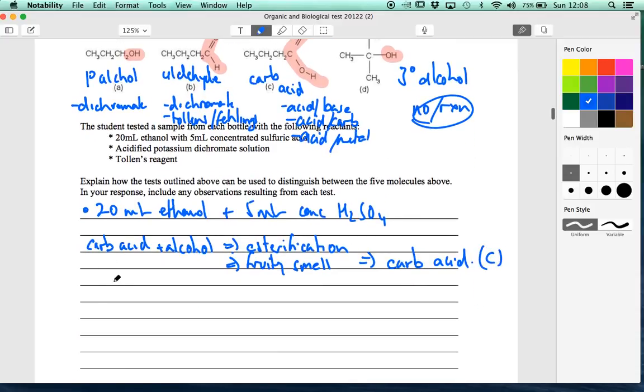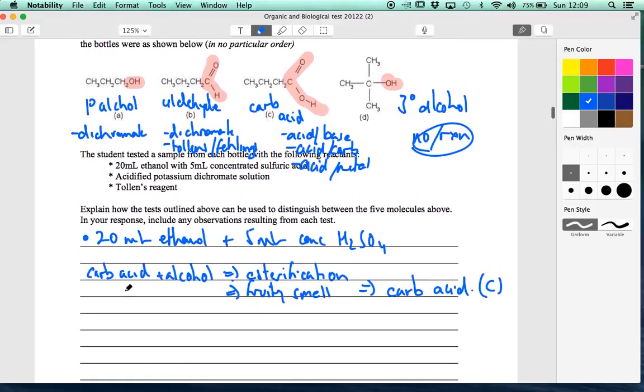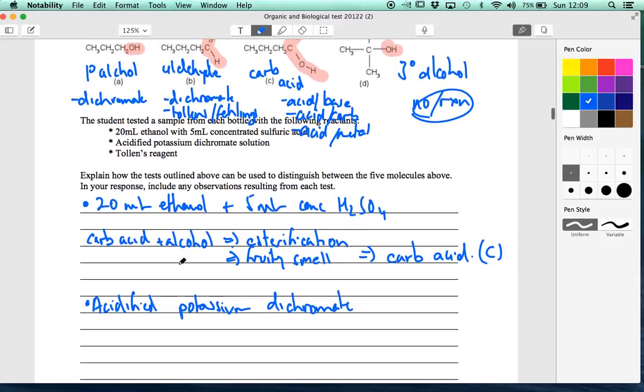Our second test was acidified potassium dichromate. So let's have a look here then. If I add acidified potassium dichromate, that is an oxidizing agent, and it oxidizes certain types of alcohols, my primary and my secondary alcohols.